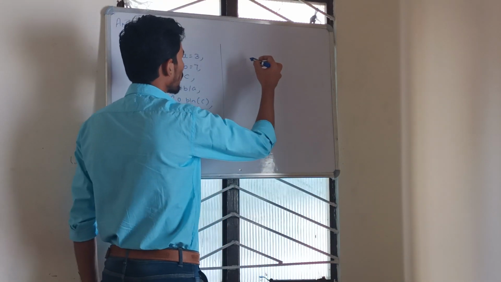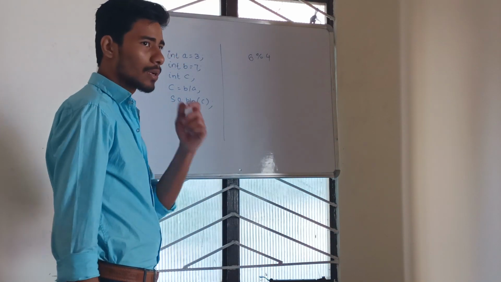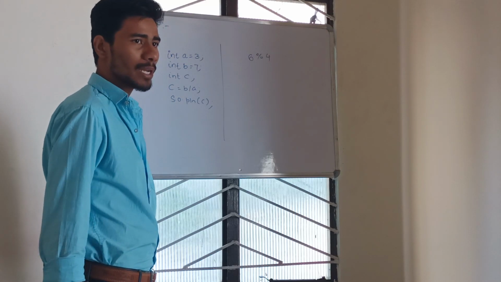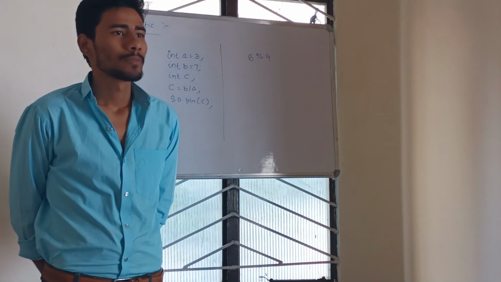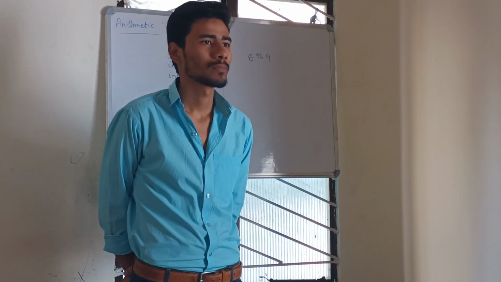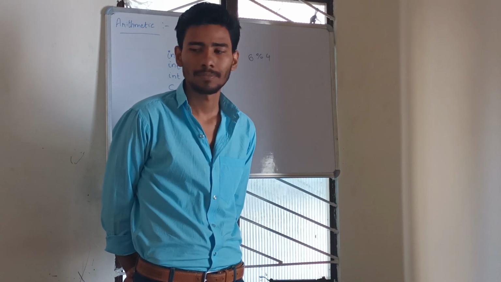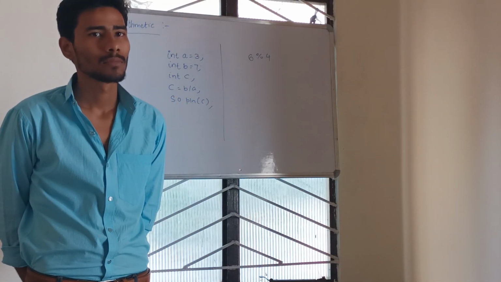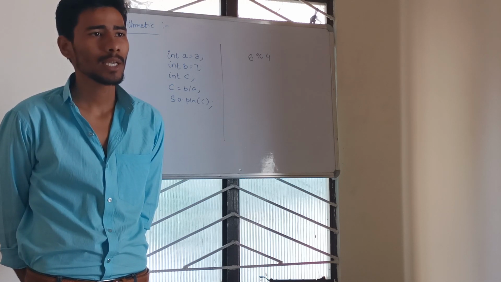Now tell me what will be the output of this. Do it in the notebook and then tell me the output. I know mental calculation will be difficult, but do it on paper and tell me the output. Asan, division takes this much time.